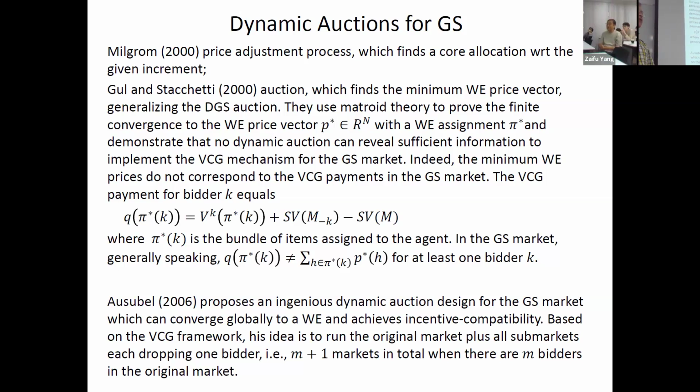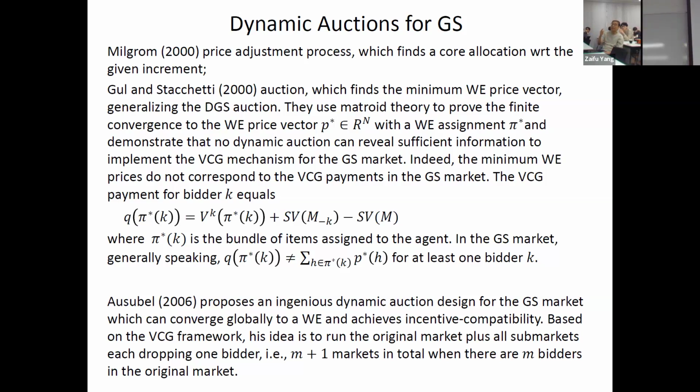Let me follow up with Peter's question. You have a precise definition of the VCG payment over there, and you have the Walrasian payment. Those two things coincide in the assignment case. That's true. And they are not equal in general. So our question is why?